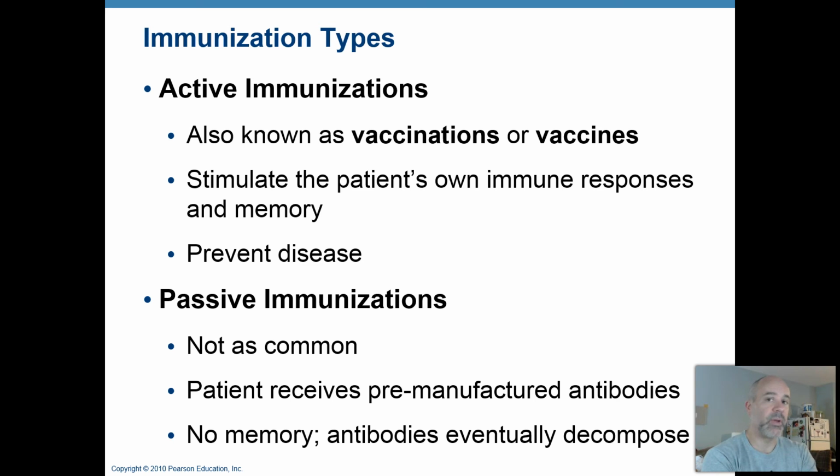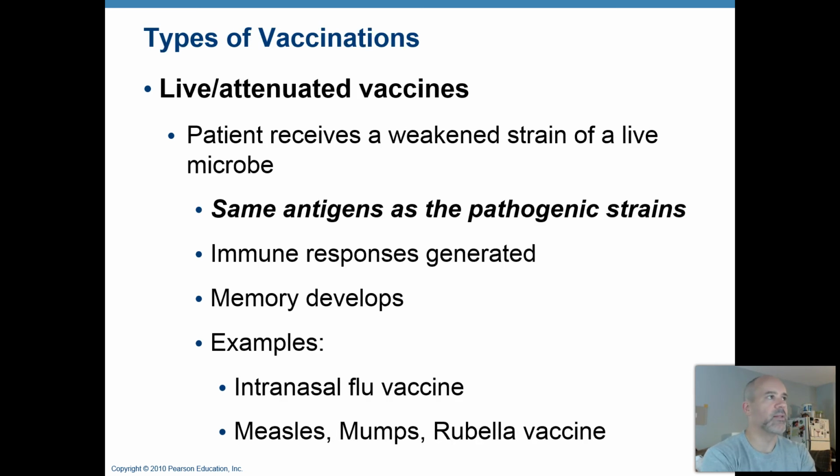And sometimes those have been manufactured in human volunteers. Sometimes they've been manufactured in animals and purified and given to you. You don't get any memory from these types of immunizations. The antibodies don't last forever. Eventually they decompose and they're removed through the usual processes in your body that get rid of wastes.